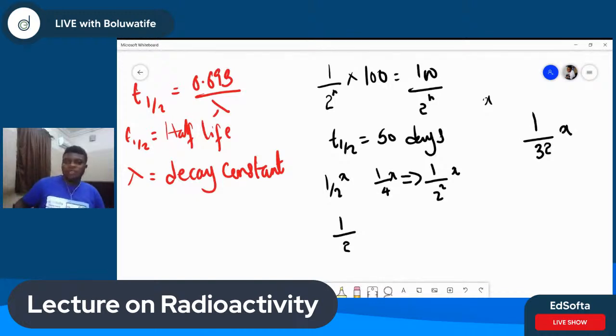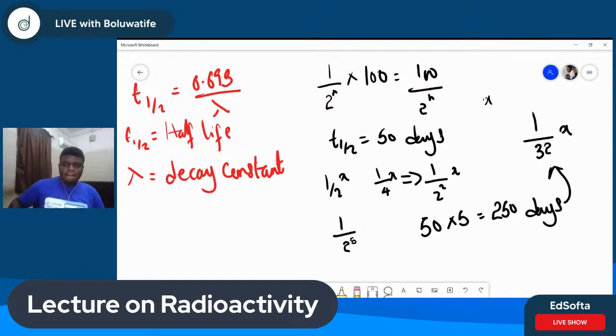Now how can I write 32 in terms of 2? This reminds me of 2 raised to the power 5. So it splits 5 times. If it splits 5 times, it's going to take 50 times 5, which is 250 days.